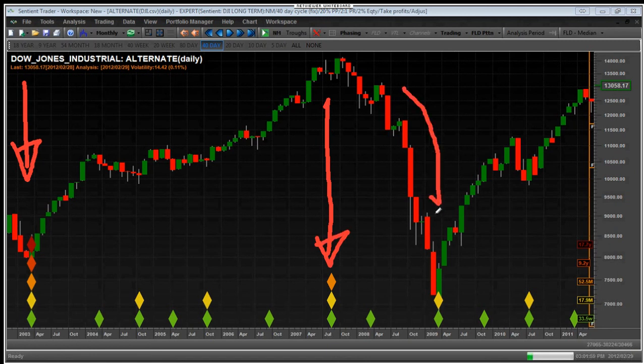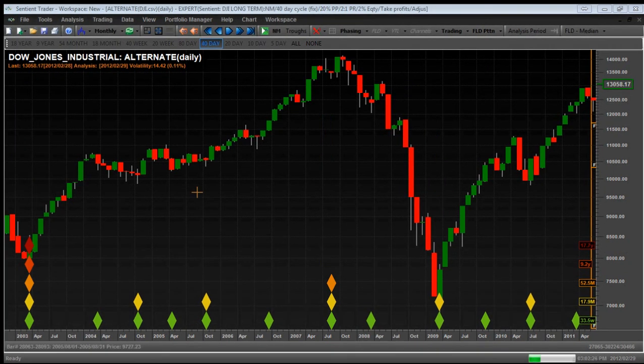Now let me turn that off and switch back to this chart, which, if you remember, is the chart of the current time period from 2003 until 2011.